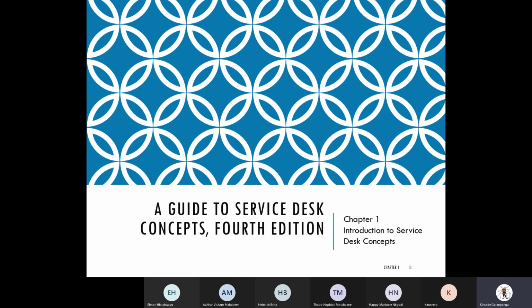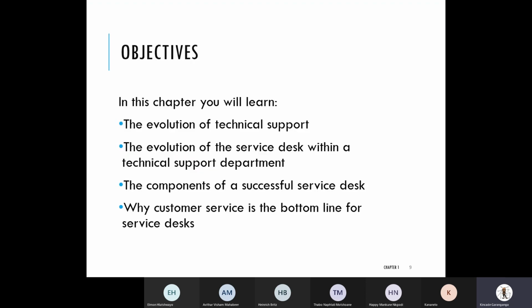So the first chapter, like I mentioned before, is the introduction to the whole concept of generic service desks. Again, with that breakdown we saw a couple of seconds ago, we are making sure we are all on the same page. So once again, A Guide to Service Desk Concepts, the 4th edition, is the module content as far as prescribed material is concerned. What are the objectives of this chapter?